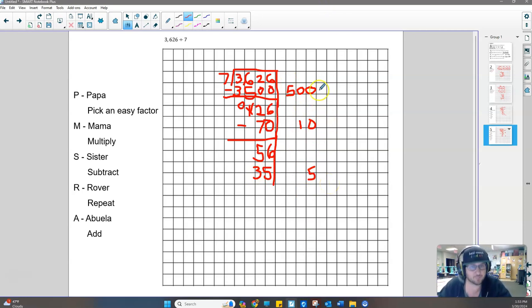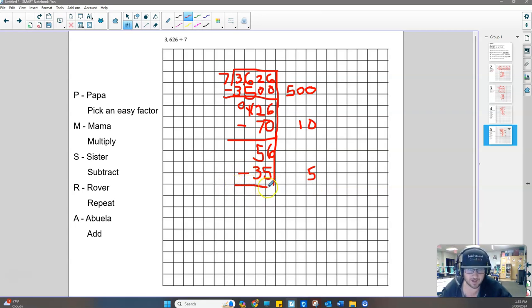Your 1s are lined up with your 1s, your 10s are lined up with your 10s, and hundreds with your hundreds. One thing I noticed on the test is those would get crooked, and then our adding would be off because we're not paying attention to that place value. So just make sure from the get-go that you're lining up. The 10 gets lined up with the 10s. The 5 is in the 1s, so it gets lined up with the 1s.